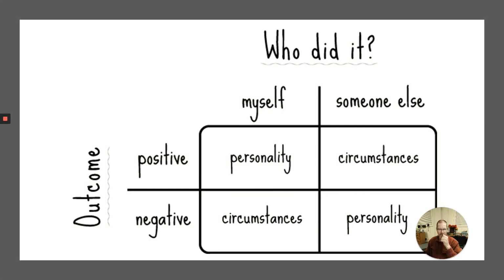If we look at, for example, this little chart, who did it? Well, it's either me or someone else. So let's just narrow this right down to its most simple terms, right? So we want to know who did it. To whom are we going to attribute that, whatever happened?